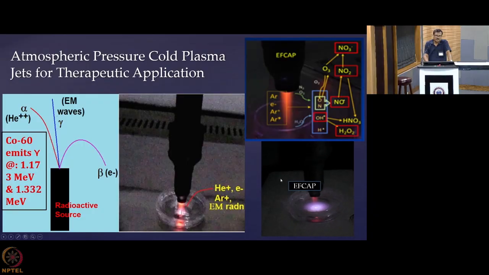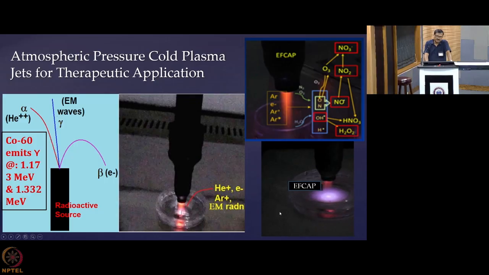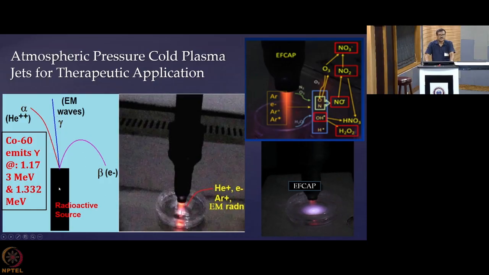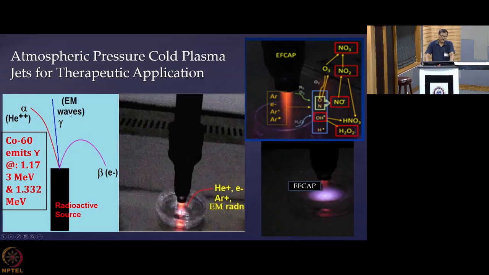Now, this is one in our lab which is showing the plasma jet discharging on some liquid, and it has been compared with the radioactive sources which emit alpha, beta, and gamma. Alpha is nothing but the helium nuclei, gamma is the electromagnetic wave, and beta are the electrons.